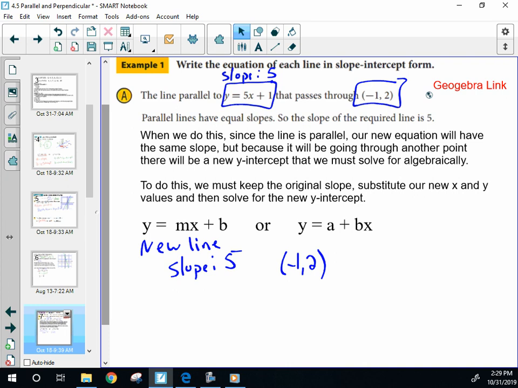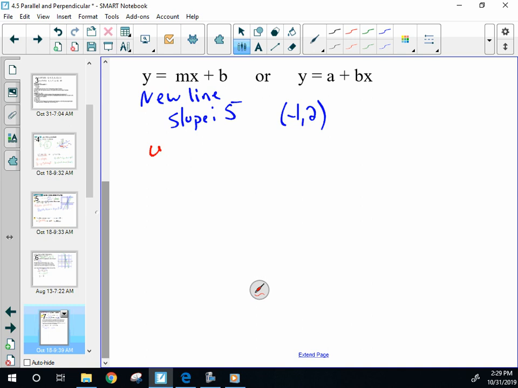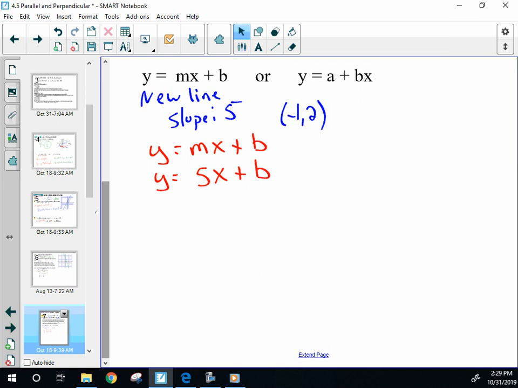So we're going to go back to what we talked about. We'll start with our equation, y equals mx plus b. What I know is that my slope is 5, so I'm going to replace m with 5. I do not know the y-intercept, so I leave that as b. I'm going to try to find it. In order to find that, what I do know is that it has to go through the point (-1, 2).